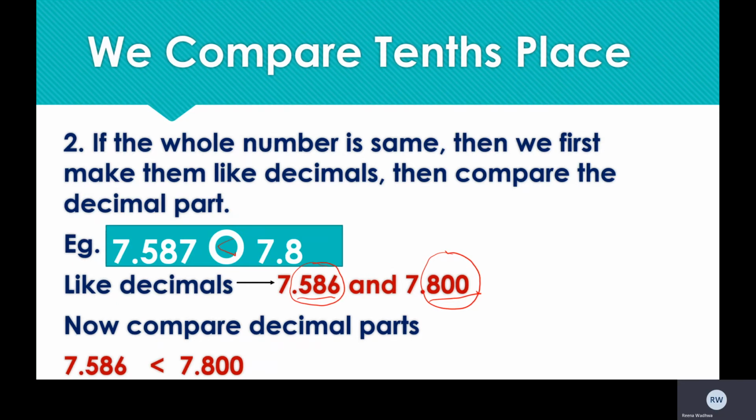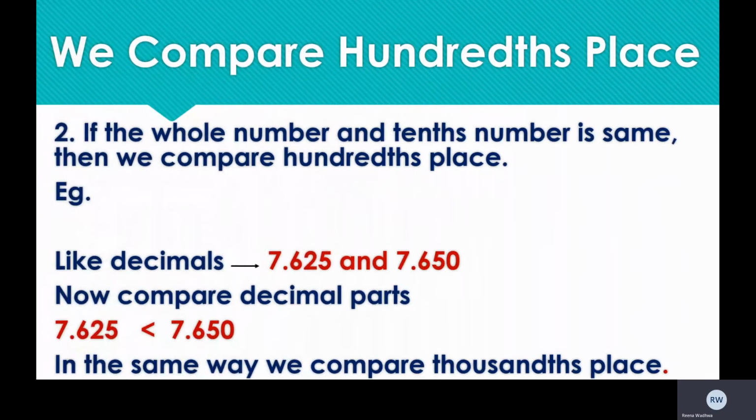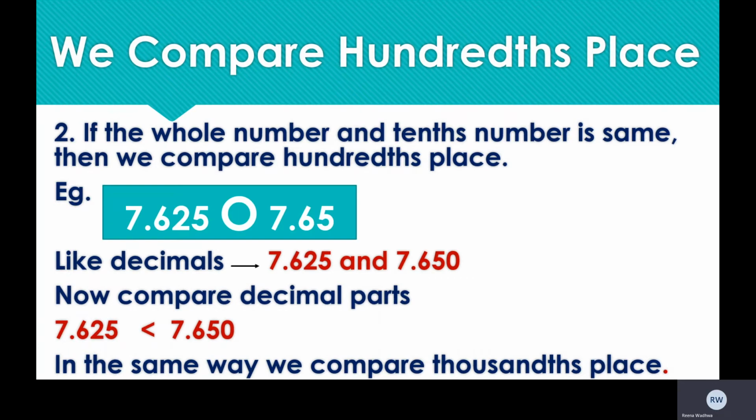Like this, if the whole number part and tens number is the same, then we compare the hundreds place. Look at this number. Here, whole number part and tens place is the same. We will go to the hundreds place, that is 2, and here it is 5.